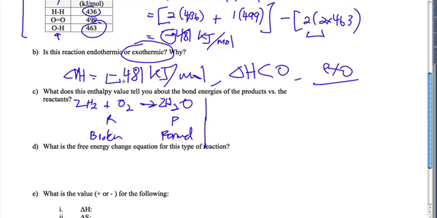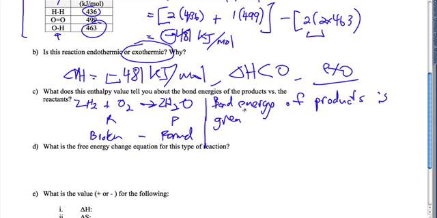So delta H is negative. That means that the bond energy of the OH bonds that are formed is greater than that which is broken, due to the equation, which is broken minus formed. So if formed are the products, the bond energy of the products is greater than the reactants.